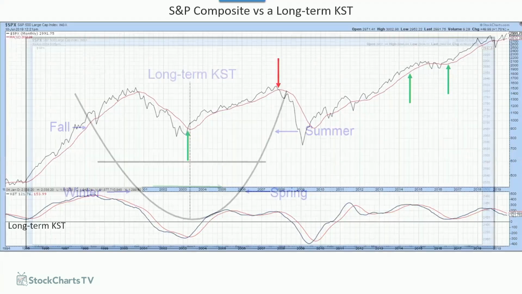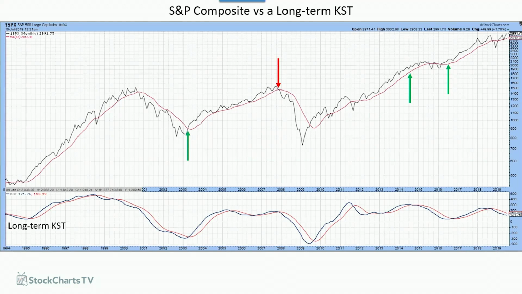So let's take a look at this chart here, which compares the S&P to a long-term KST. What we're going to do is take a look at this period just here, which was the low in 2003. If you look at the KST for the S&P, it was down in the winter phase and just started to turn up into spring.